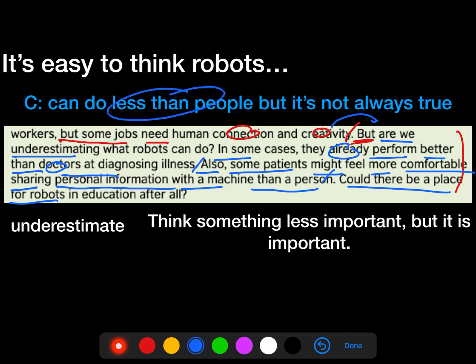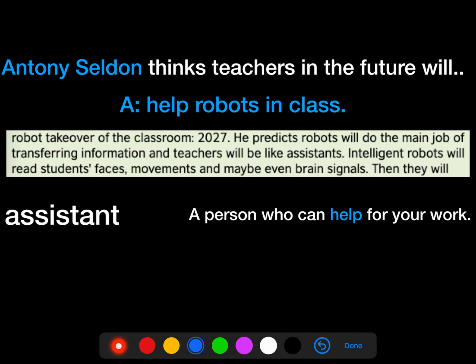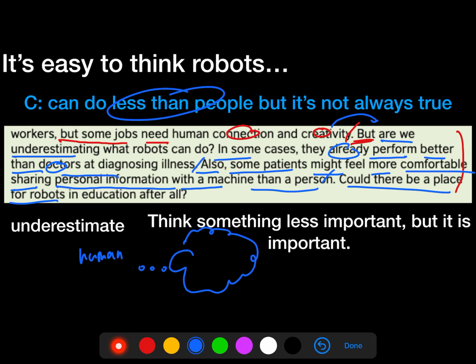So, can do less than people. Humans used to think of robots as maybe just something mechanical, something in a factory, or something like a robot cleaner, stuff like that. But we were underestimating the robot's capability. In this sentence, they were saying robots already perform better than doctors, and also some patients might feel more comfortable sharing personal information with a machine than a person.